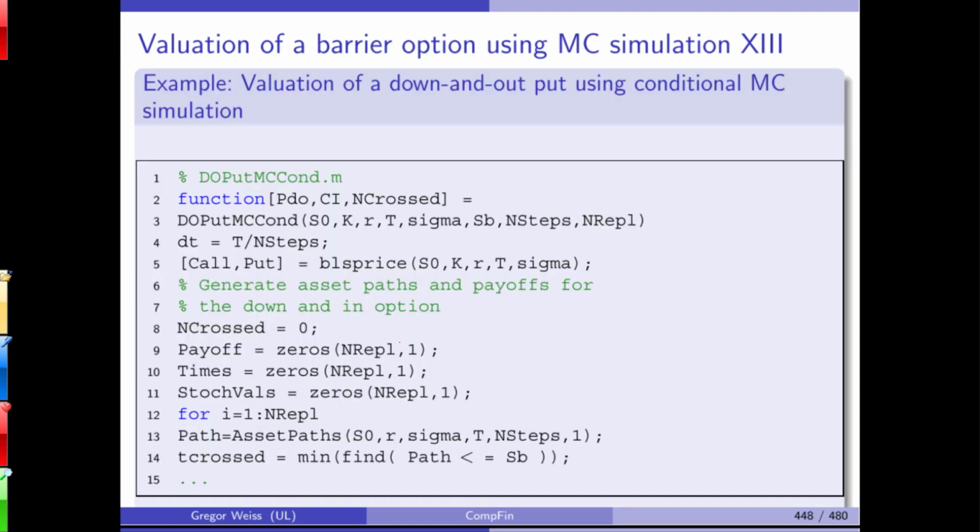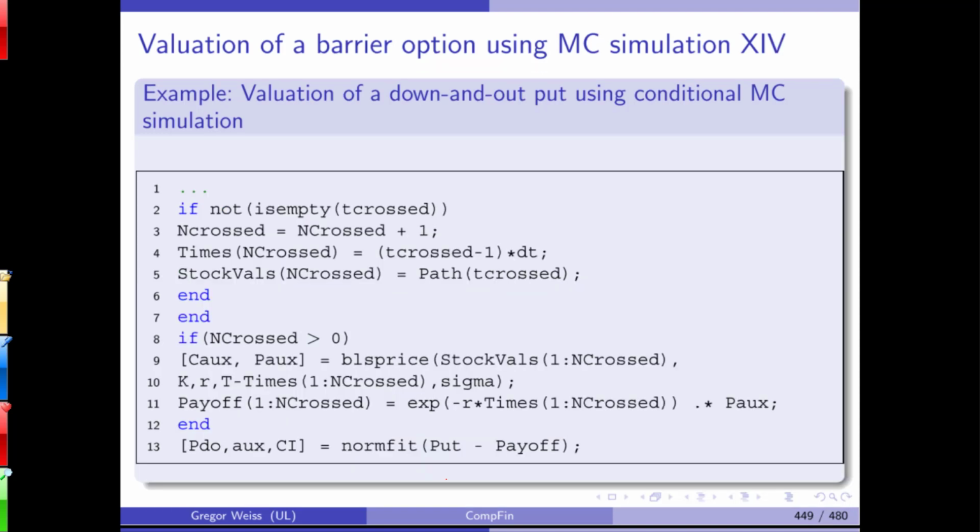And this is implemented in MATLAB quite simply. For the down and out, we generate the asset paths. If it has been crossed once, we have to find the minimum of the path smaller or equal to the barrier. Then we have the smallest index at which the barrier has been crossed at least once. If this is empty, then you're done.